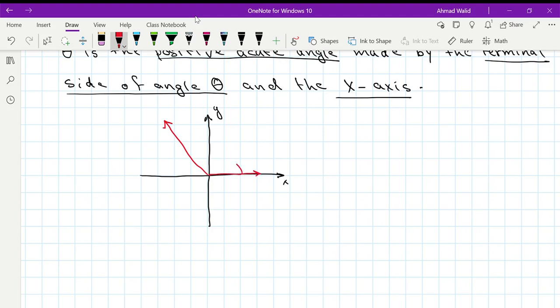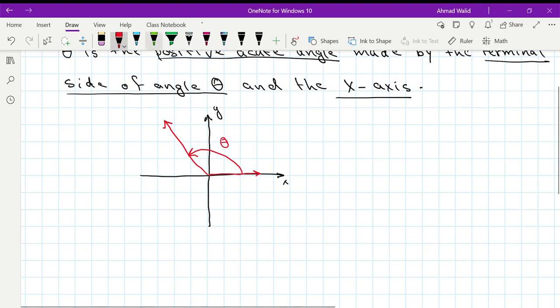This angle, I'll name it theta. What is the reference angle to theta? A reference angle means there is an angle whose trigonometric functions are equal to those of this angle. That's the whole meaning. There is an angle whose trigonometric functions are the same as the trigonometric functions of angle theta.